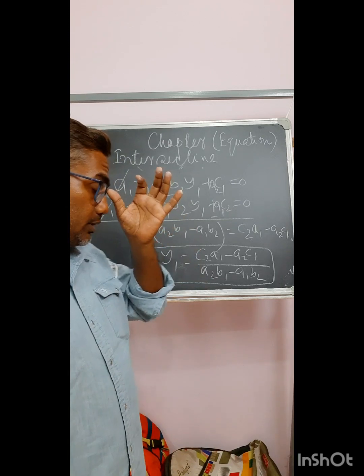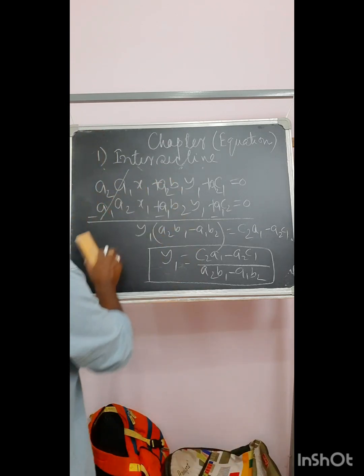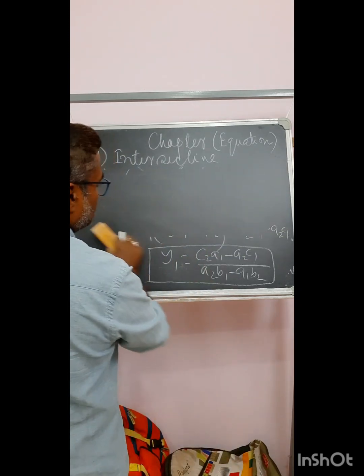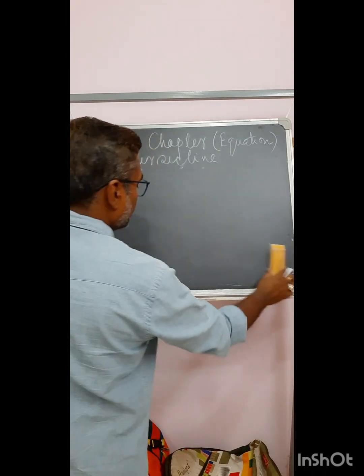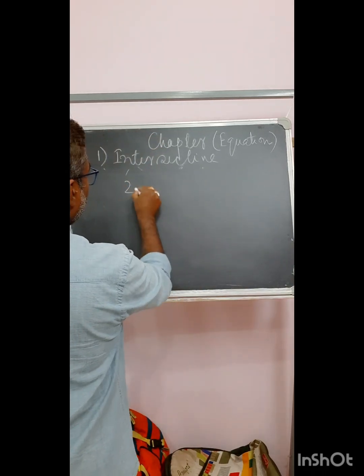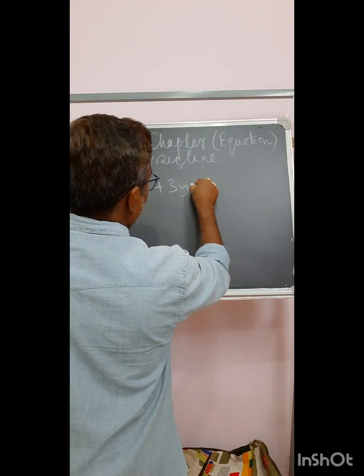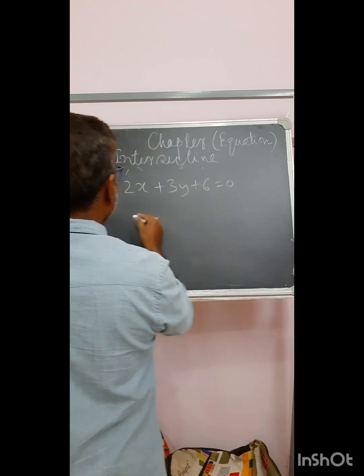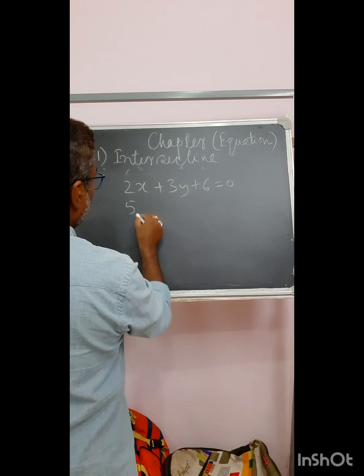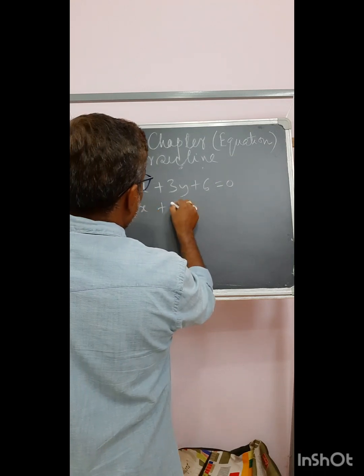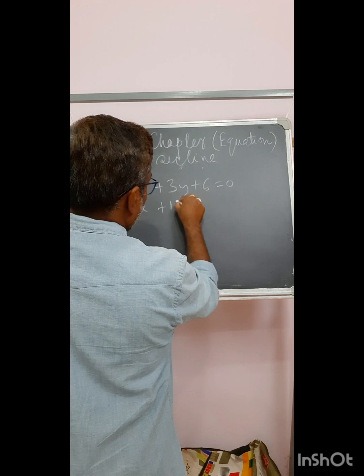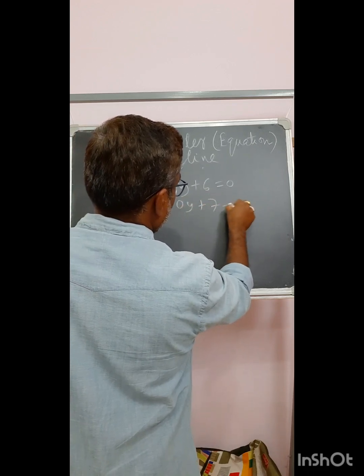So this could be a problem. The problem may come, let's say the two lines are given: 2x plus 3y plus 6 is equal to 0 and 5x plus 10y plus 7 is equal to 0.